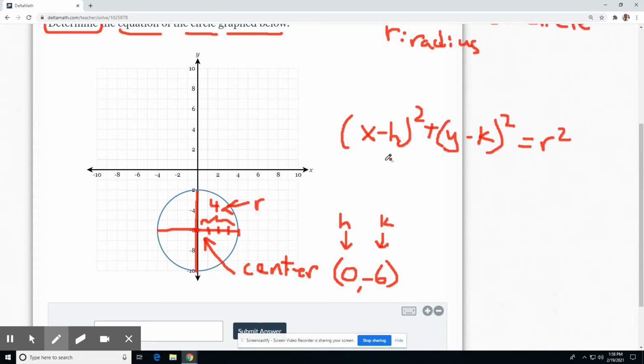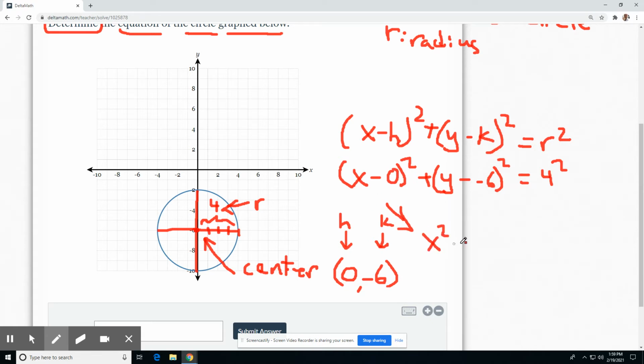All right, so plugging things in, we'd have x minus h is 0, quantity squared, plus y minus -6, quantity squared, and you can have a double parenthesis there if you need it, and 4 squared. Then we want to simplify. We don't need that 0, so it's just x squared plus y, negative and a negative make a positive 6, quantity squared equals 16.